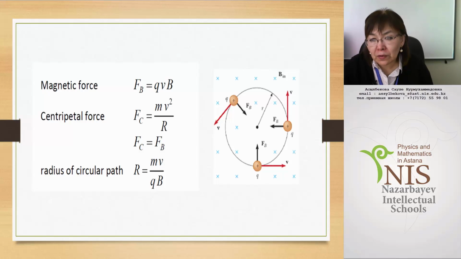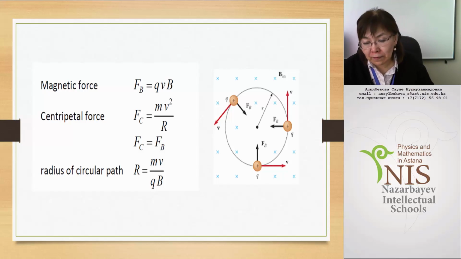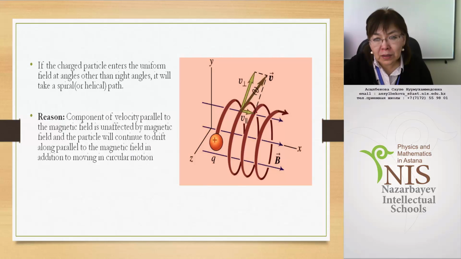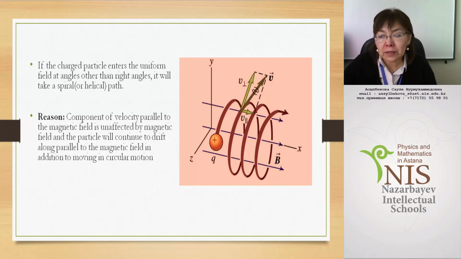You see the formula, called the Lorentz force formula, which lets us find the force of a magnetic field depending on the velocity, charge, and magnetic field intensity. If you combine the two formulas, the centripetal force and the magnetic force, balancing them, we can get an expression to calculate R.